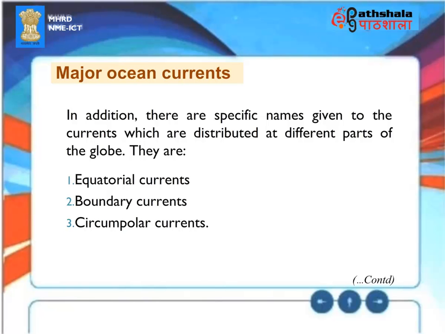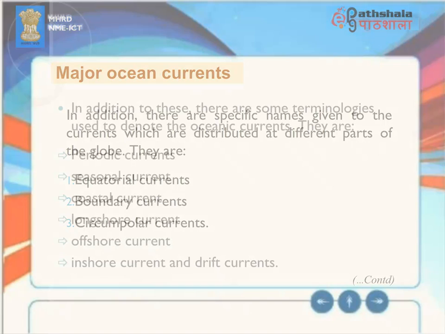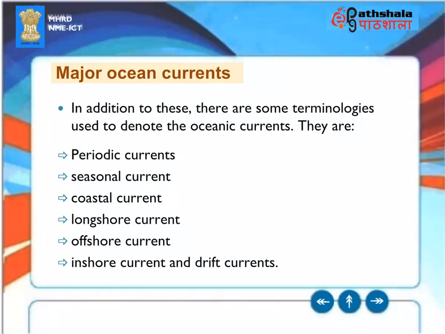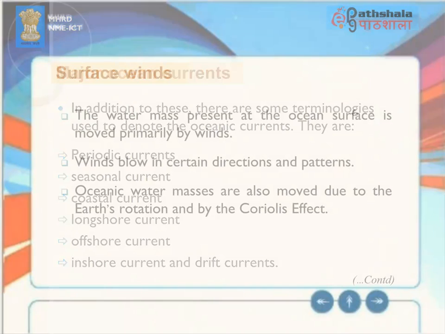They are equatorial currents, boundary currents, circumpolar currents. In addition to these, there are some terminologies used to denote the oceanic currents. They are periodic currents, seasonal current, coastal current, longshore current, offshore current, inshore current, and drift currents.